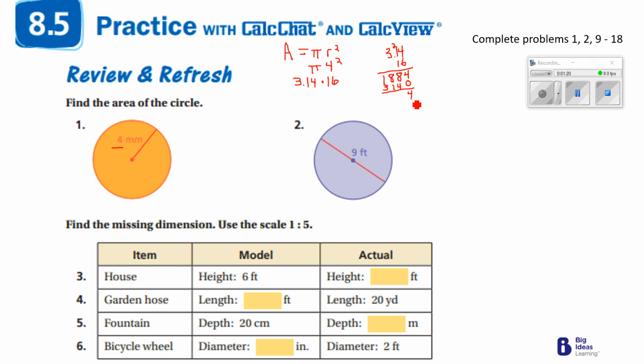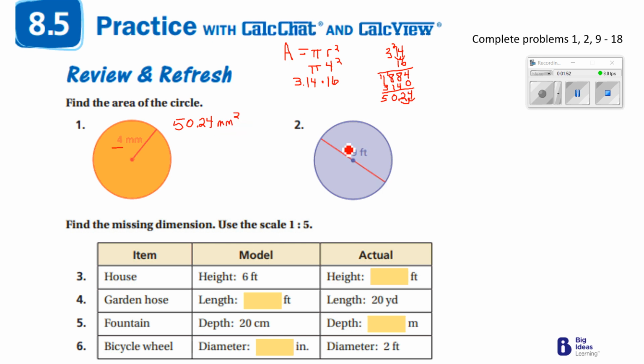I bring everything down, it's a 4. 8 plus 2 is 12, carry the 1. 8 plus 1 plus 1 is 10. That's going to give me this number, and then I have to remember there's a decimal here, so I have 2 places to bring my decimal back. So that makes this 50.24. And since this is mm, this is millimeters square.